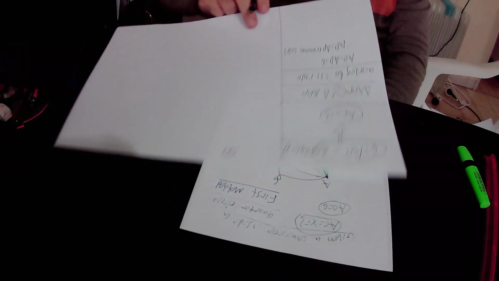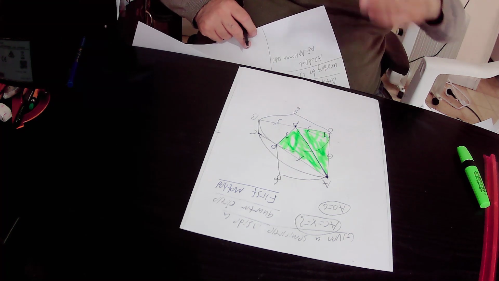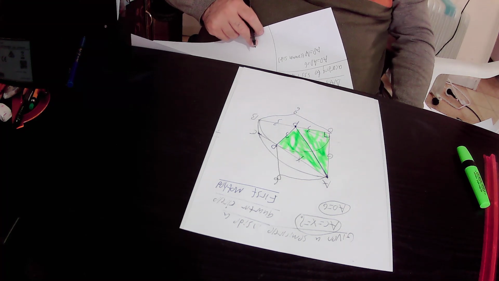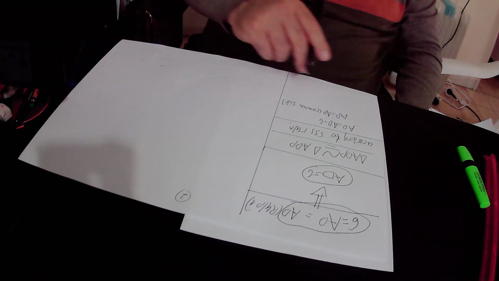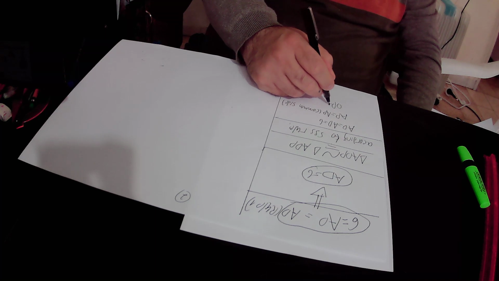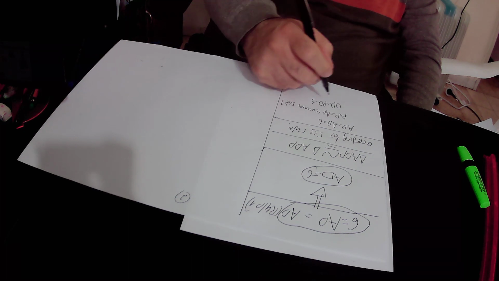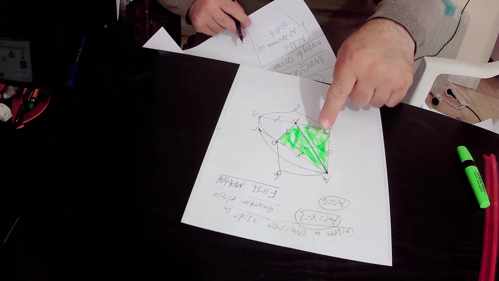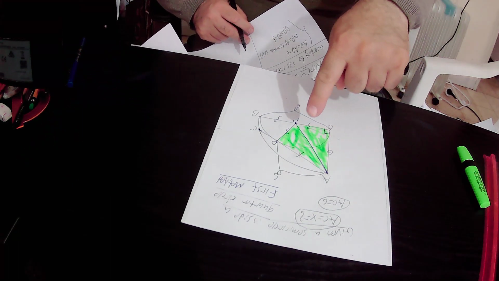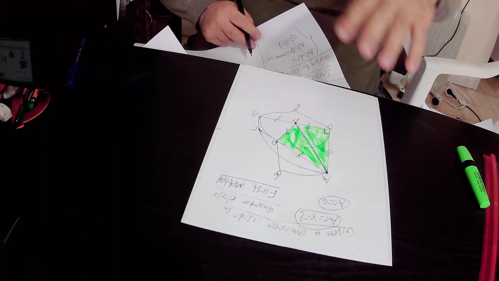And finally, side OP equals side PD equals 3 units. It is the radius of the semicircle. So we found out that all the sides of the green triangle AOP are equal to all the sides of the green triangle APD, therefore those two triangles are congruent according to the side rule.